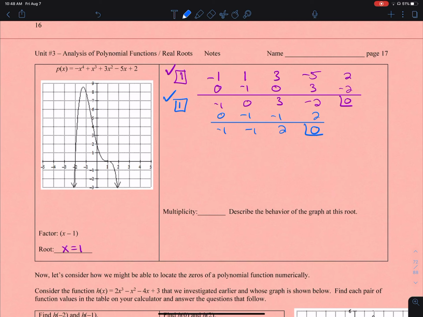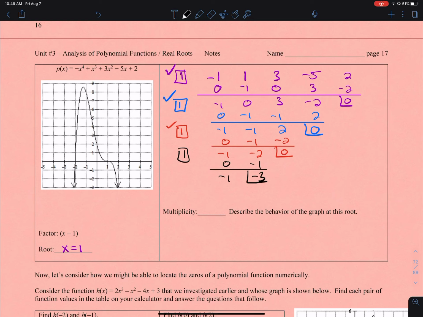Well, it works 2 times for sure. See if we can get it to work a 3rd time. Add and multiply, add and multiply. Hey, it works 3 times. See if we can get it to work a 4th time. Add and multiply. Did not work the 4th time, which is fine.